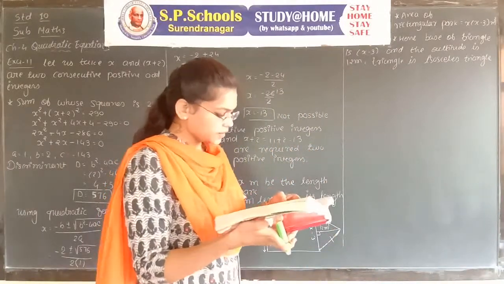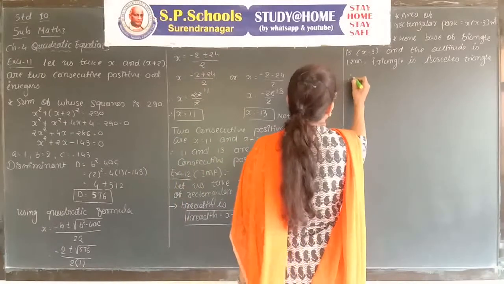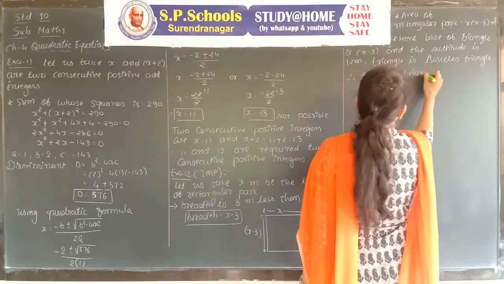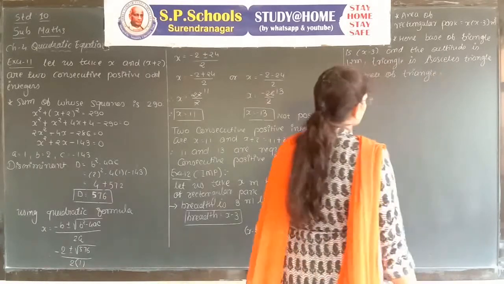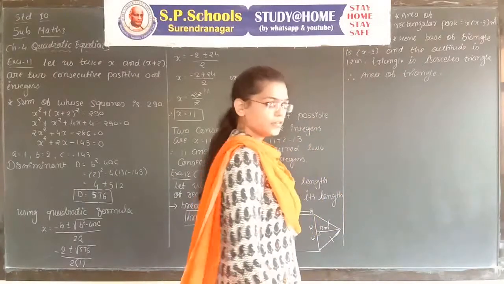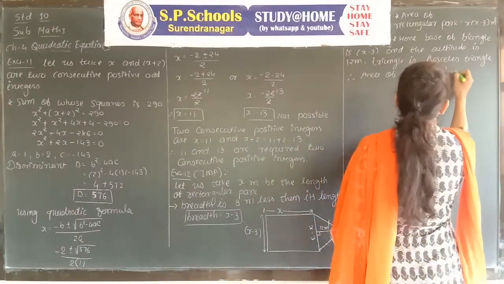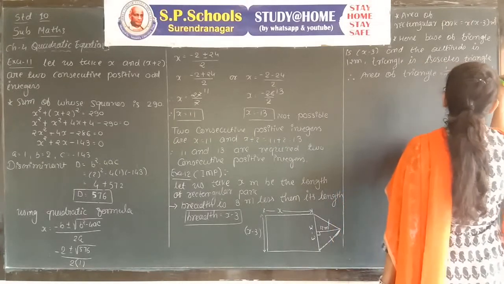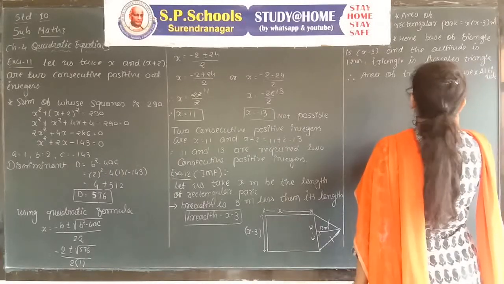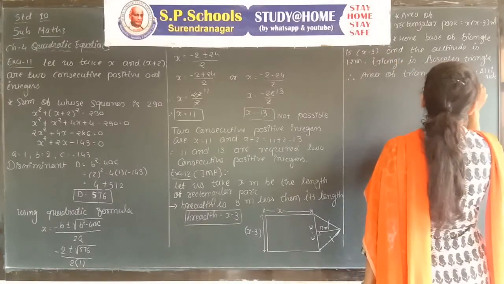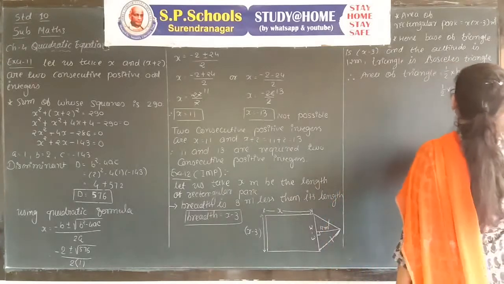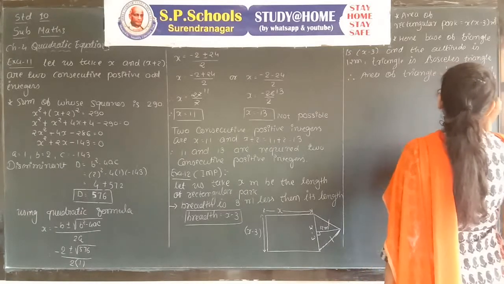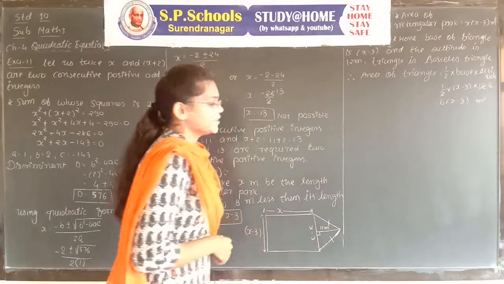Therefore, area of triangle is equal to 1/2 multiply base multiply altitude. 1/2 base is x minus 3 and the altitude is 12. 2 sixes are 6, so 6 into bracket x minus 3 meter square. It is the area of the triangle.